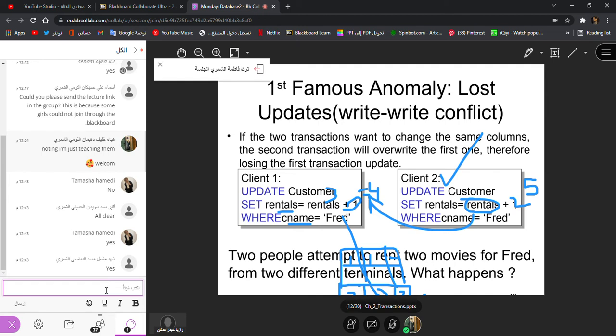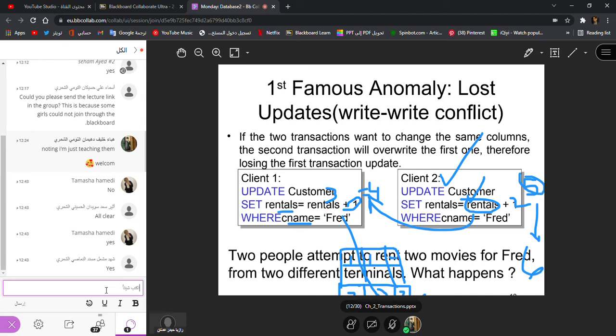So it only shows you 5, which should actually be 6. Understand? That means here you have the lost update, because it was updated, right? So it was lost. That's why you get the wrong value and save the wrong value in your database.